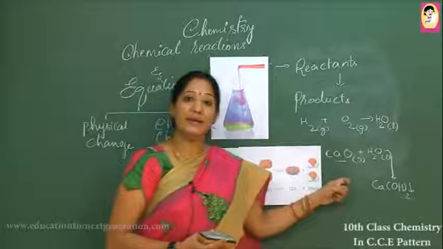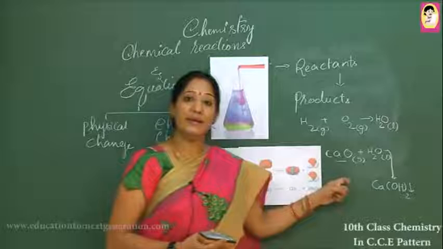Now, you are unable to determine how many moles or atoms or molecules of calcium oxide are obtained when calcium carbonate is heated, or how many molecules of carbon dioxide are obtained. This can best be explained by a mathematical representation which is called a chemical equation.